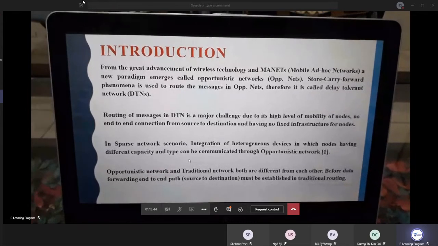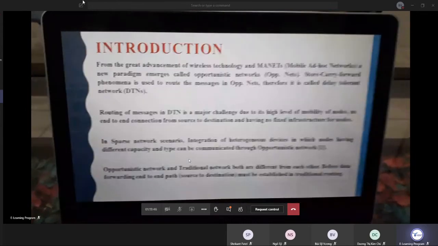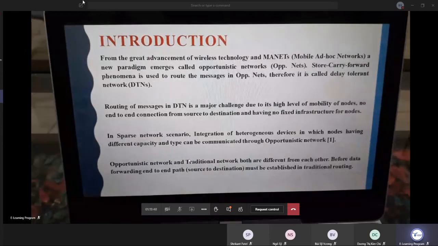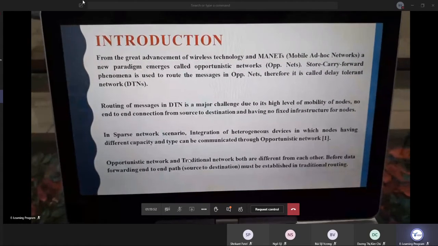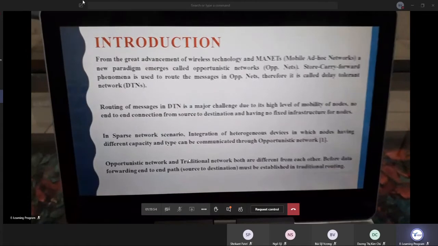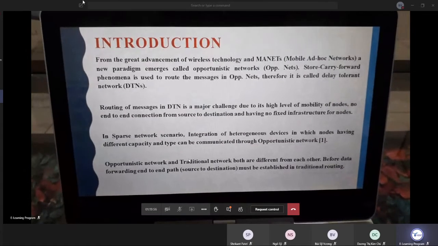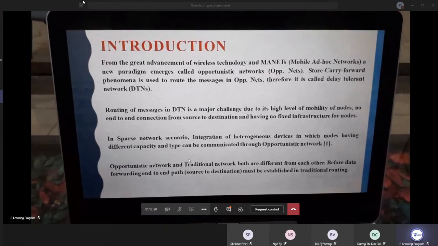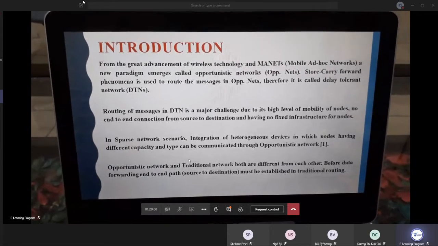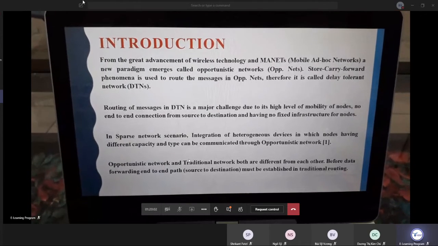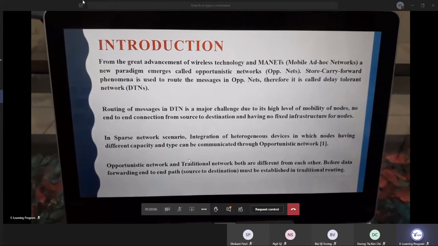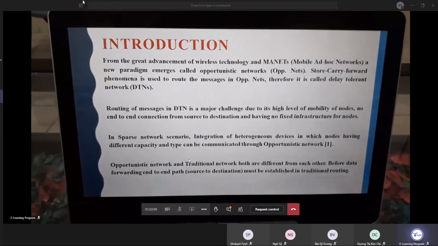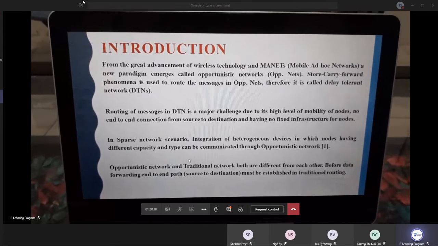It has no fixed infrastructure for nodes while transferring messages end to end. In sparse network scenarios, heterogeneous devices in which nodes have different capacity and type can communicate through opportunistic network.